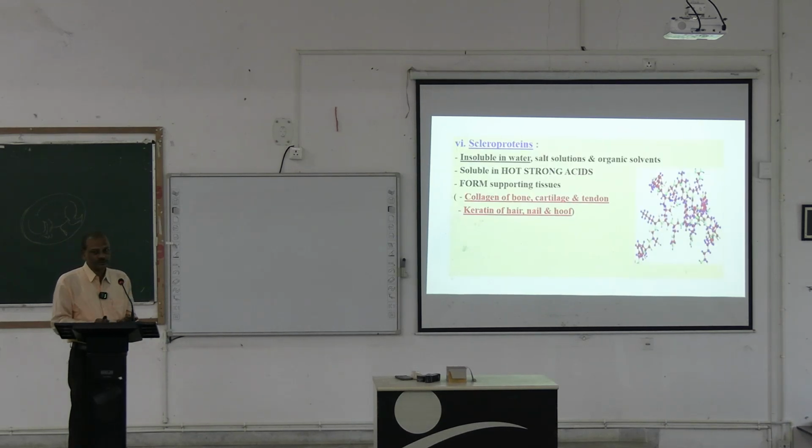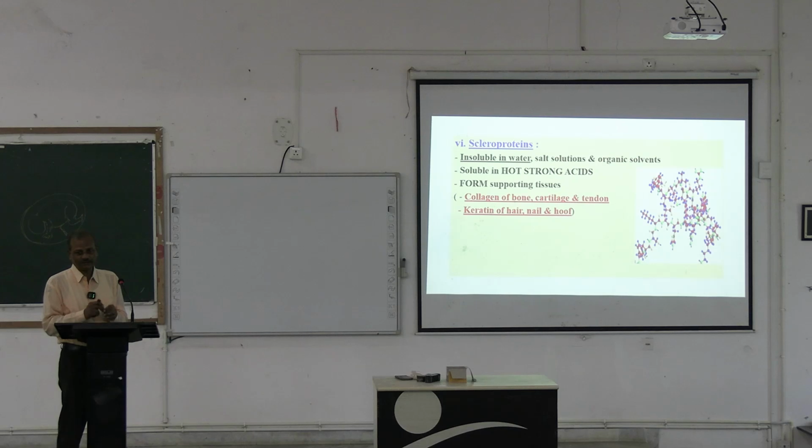Second, scleroproteins. Scleroprotein is insoluble. Note down this one, it is insoluble in water. These scleroproteins are present in collagen tissue. Collagen is present in bone, cartilage and tendons, and also keratin in nail and hair. We don't have hooves, but hooves are present in animals.